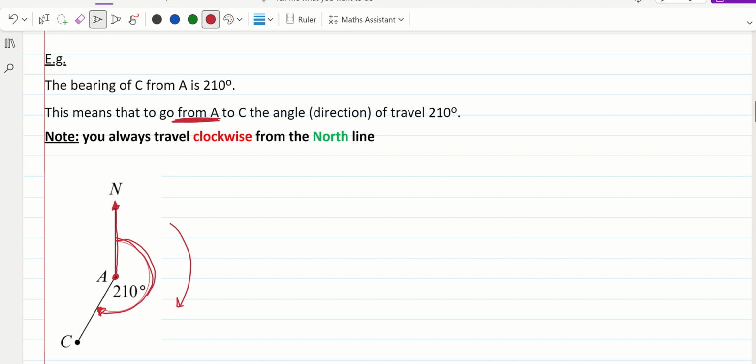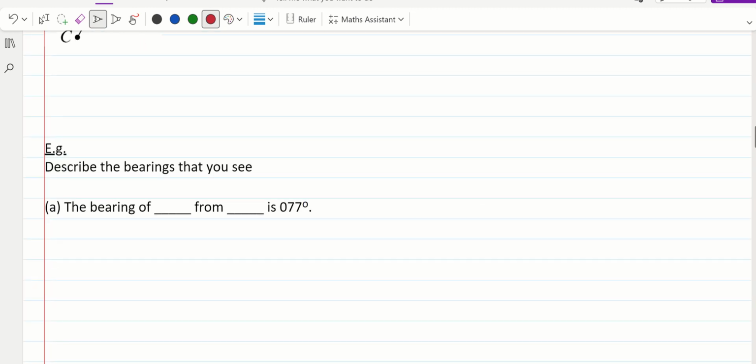So it has to be this direction. It is not that angle, because I have to move clockwise. So the bearing of C from A, so that's my starting point, is 210 degrees. And you're always traveling clockwise from the north line.